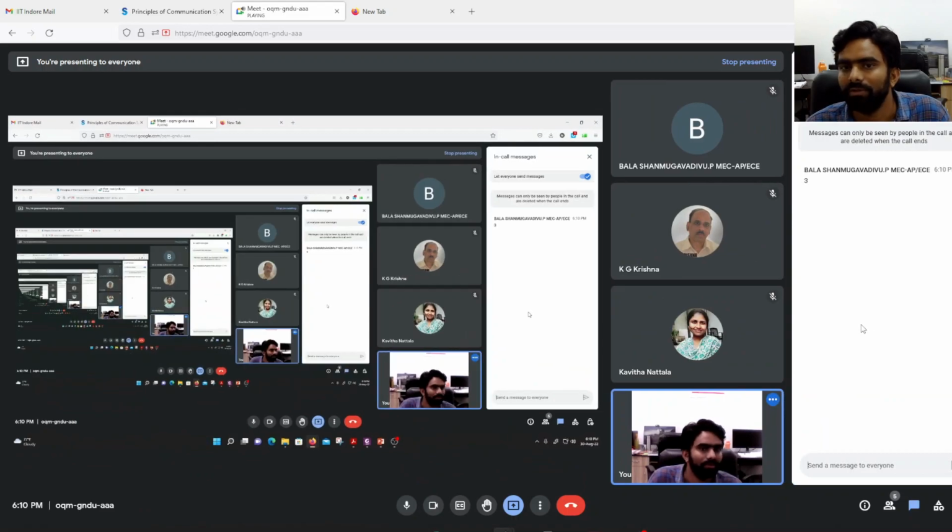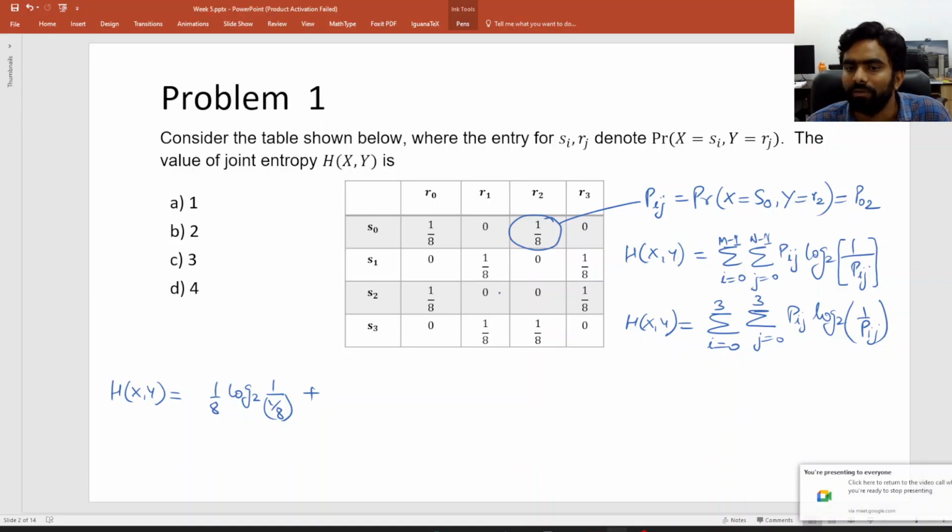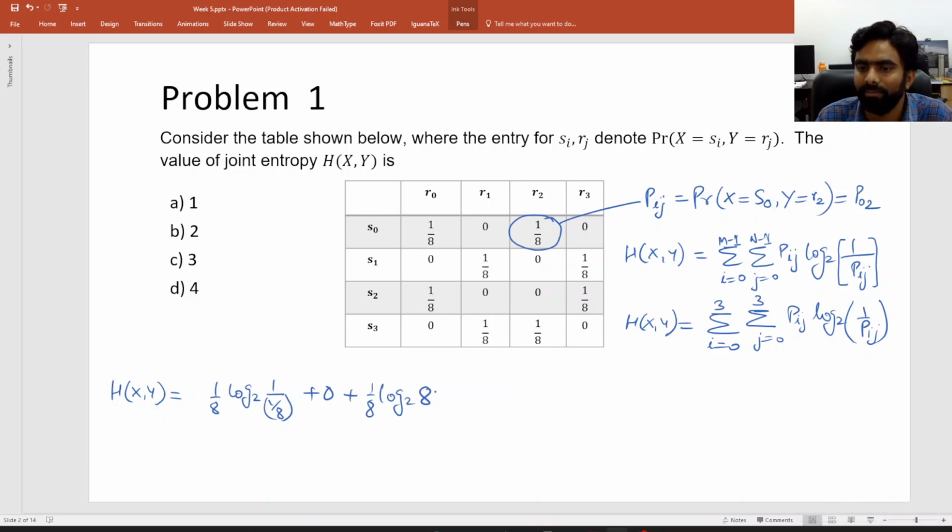Yes, the answer is correct. The second one, R1, is 0, so the probability will be 0, 0, plus for the third one, R2, that is j will be 2, so it would be 0, 2. It will be 1 by 8 log base 2 of 8 plus, now I am counting the values.